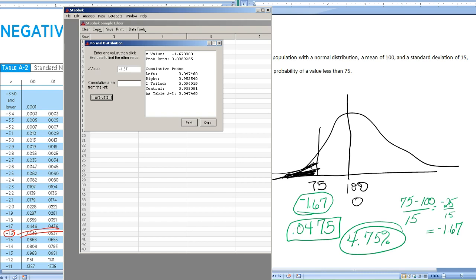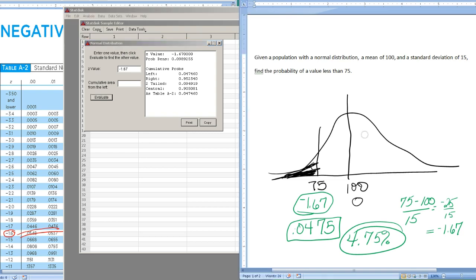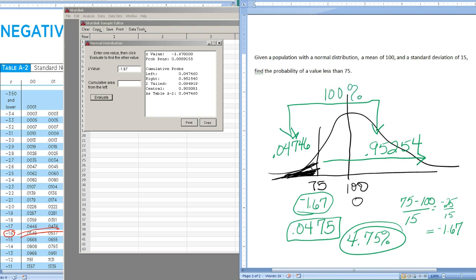And then it's telling you that from here over is 0.95254. It's telling you this is 0.04746, which makes sense because if I add these two together, it's going to equal 100%, or pretty darn close to it, because the area under the whole curve is 100%.